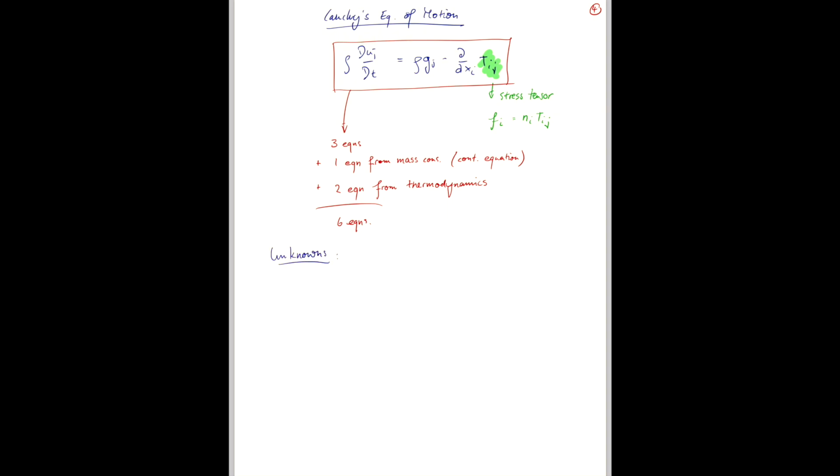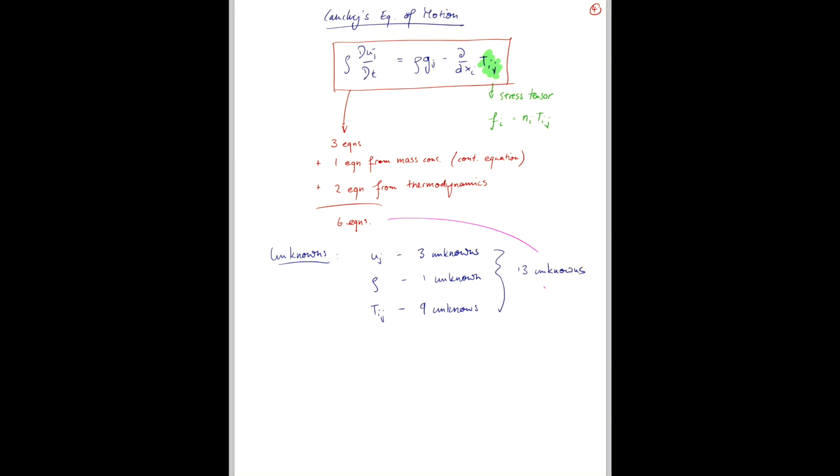Well, we don't necessarily know the flow field, so u_j, that's 3 unknowns. That's typically what we want to solve for, right? The density is 1 unknown, and the stress field is also potentially unknown. And since that is a second order tensor, that represents up to 9 unknowns. So if we count that, we have 13 unknowns, but only 6 equations.